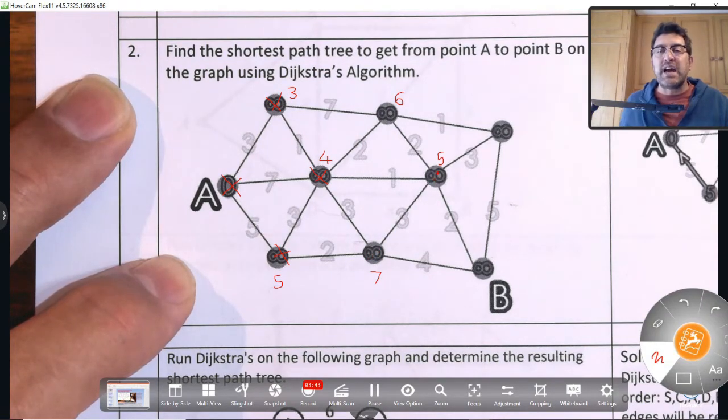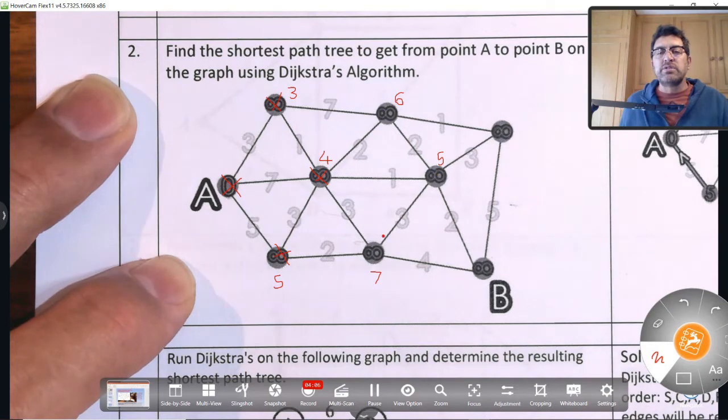If I move to the other 5, if I go to its adjacent vertices, which is that one, this one, and that one, let's start there. If I go up to the 6, it's a distance of 5 plus 2, which is 7. There's already a 6 there. The number is less.